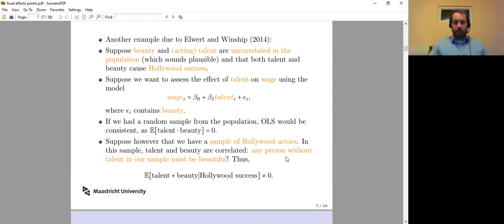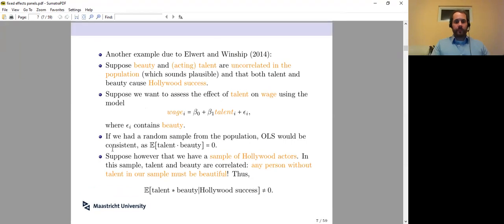So knowing one thing gives you information about the other. And thus, in our selected subsample of successful Hollywood actors, there is a correlation between talent and beauty that does not exist in the full population. And thus, in our selected subsample, OLS will yield biased results.